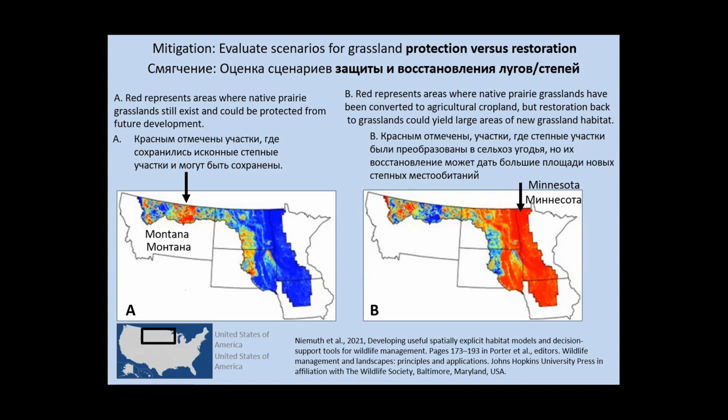Conversely, if your concern is the restoration of degraded or destroyed grasslands, that is revegetating cropland, you would allocate mitigation dollars to the deep red area in panel B in the state of Minnesota. So maps and models help evaluate scenarios for where to place mitigation dollars. And with that, the segment on mapping is complete.